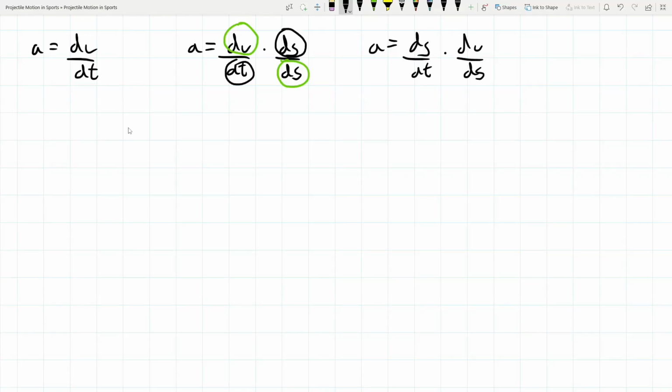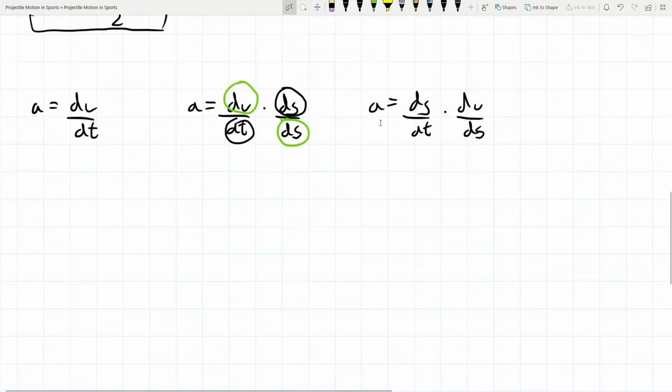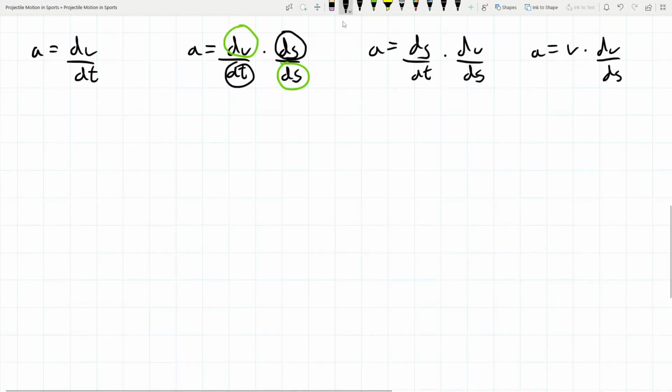And now we know that ds over dt, we said earlier, is just v. So we can replace this ds over dt with v. So we get that a equals v multiplied by dv over ds. So now we have a new differential equation that we can solve. So if we multiply everything by ds, we get a ds equals v dv.